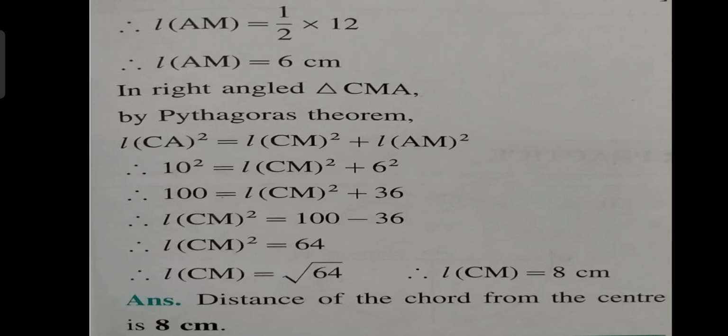CA, the length is 10 centimeter, which is already given to us, which is also the radius of the circle.